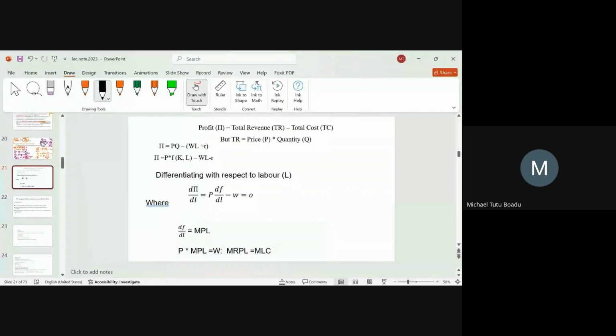So you are setting up your profit function, which is your total revenue minus your total cost. You know that total revenue is price times quantity. So this is your total revenue, and this is your total cost. The total cost is cost of both labor and capital.